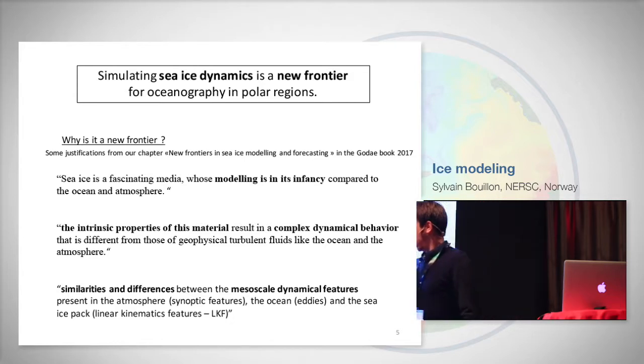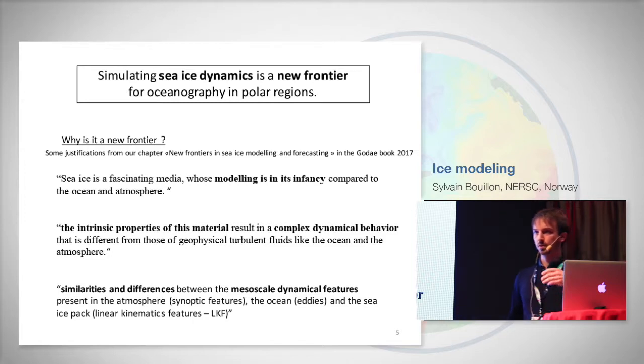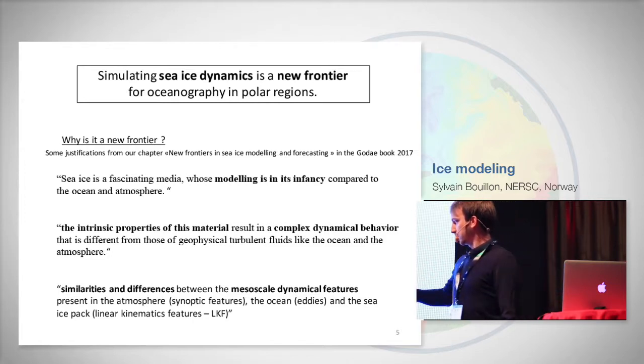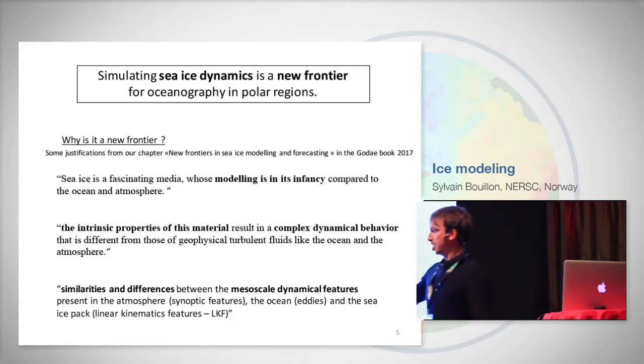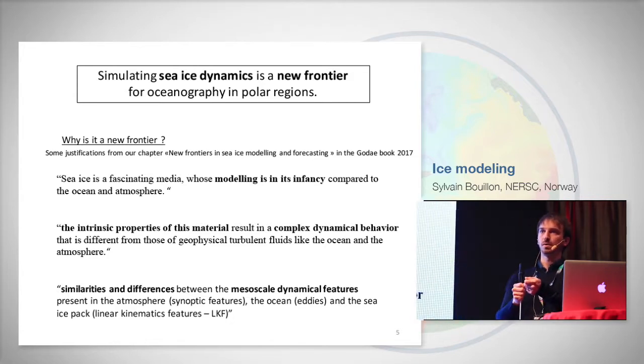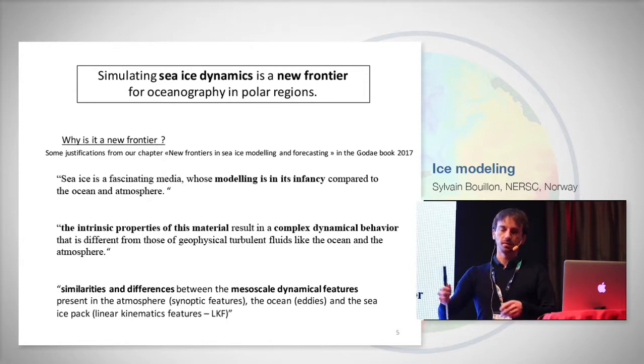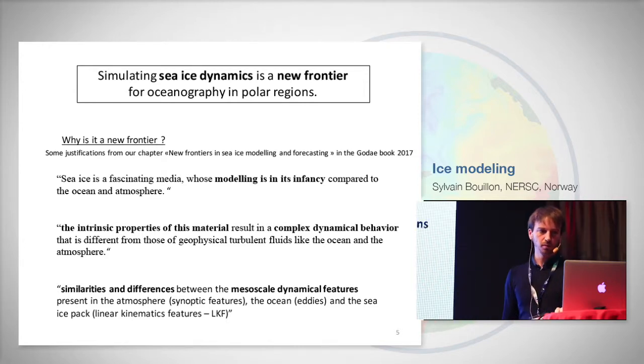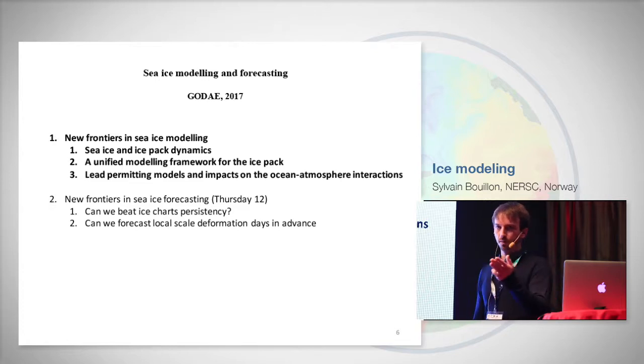For the atmosphere, we have the synoptic features that have been studied a lot. In the ocean, we have the eddies, and the equivalent in the sea ice are those linear kinematic features, or the fractures and the leads. So it's new, and that's what I want to discuss today with you.